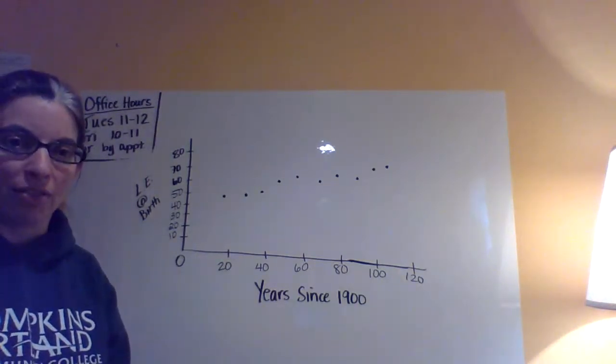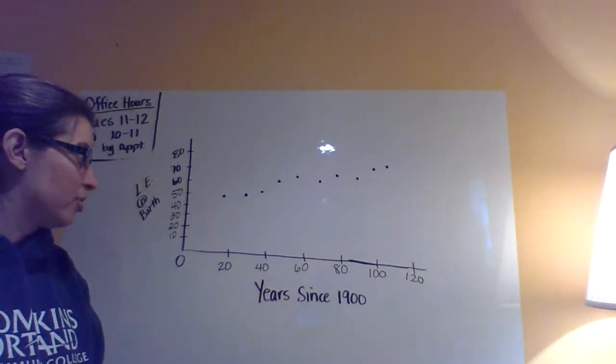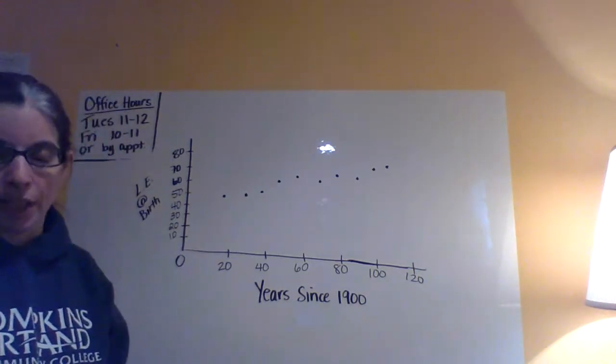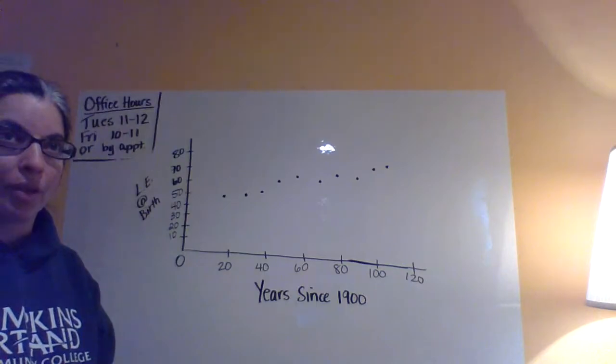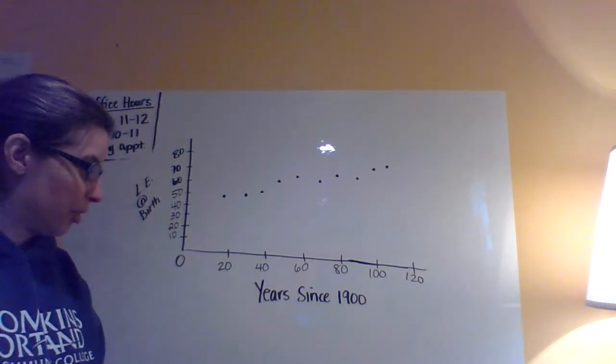So things shift for those populations. We can think about what those things might be that might affect life expectancy for a certain birth year.